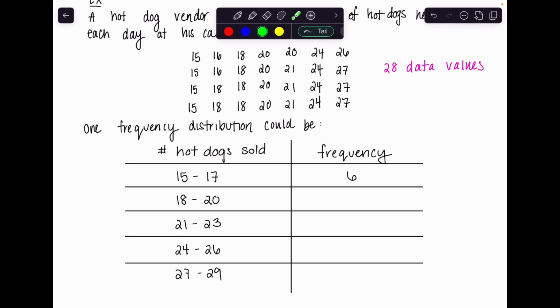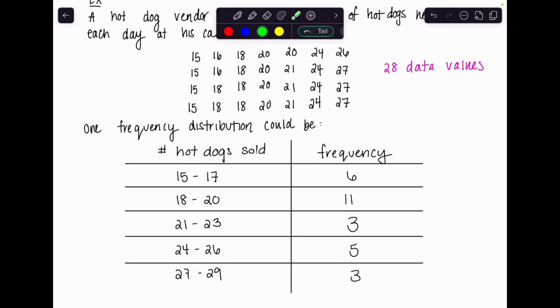Moving on to 18 to 20, that's 11 data values in this grouping, so my frequency is 11. 21 to 23 is just 3. 24 to 26 is 5. And then finally 27 to 29 is 3.